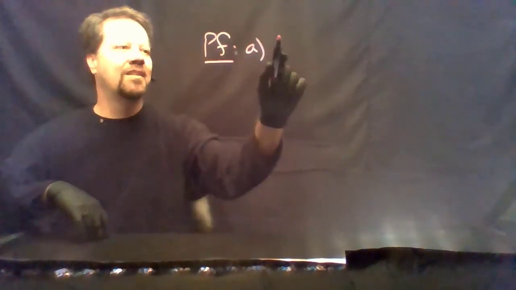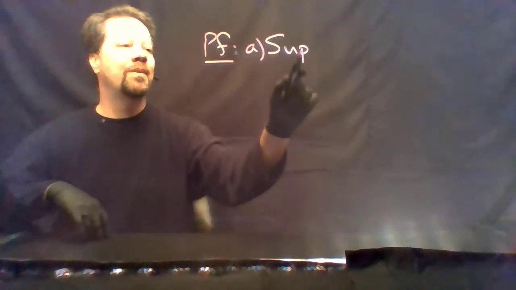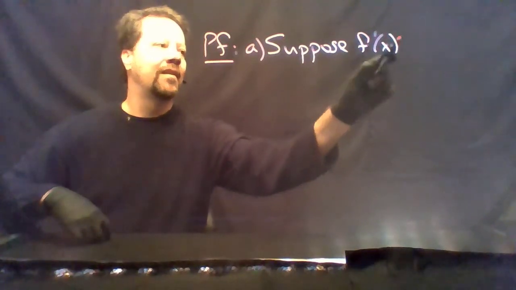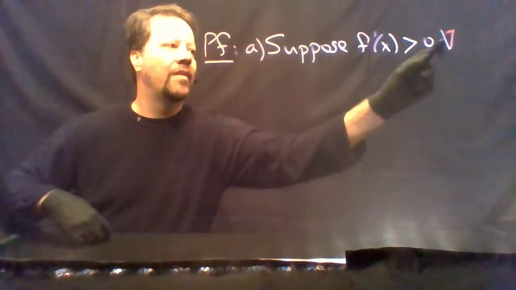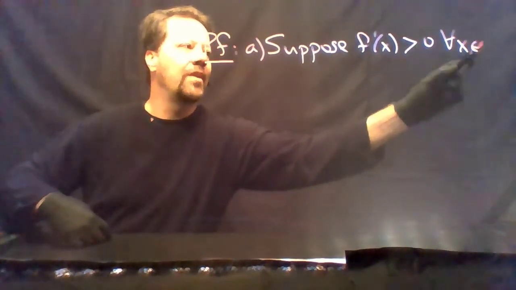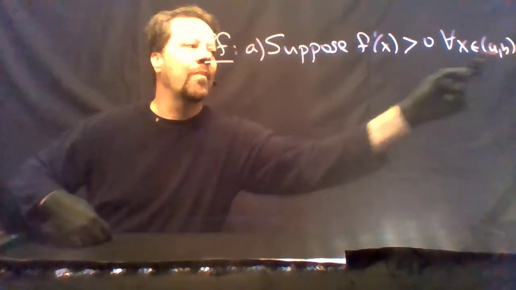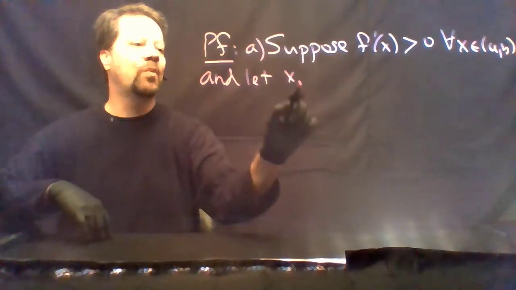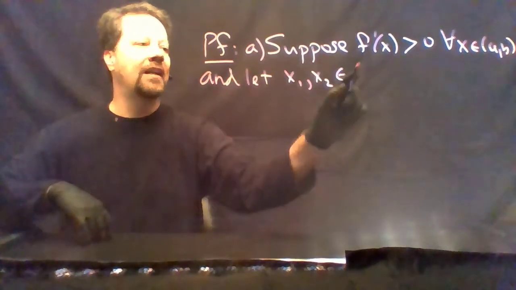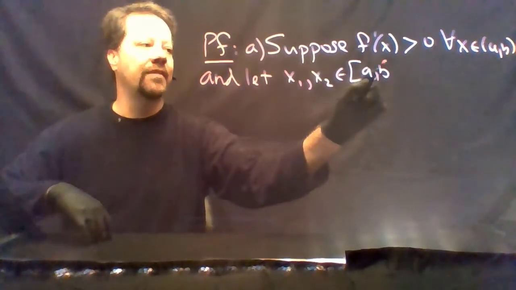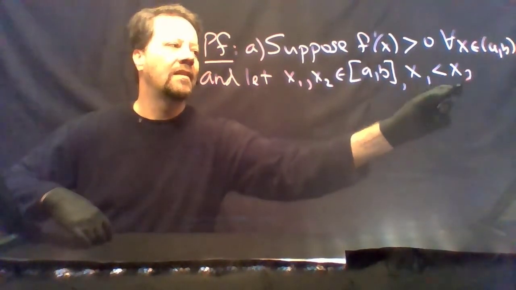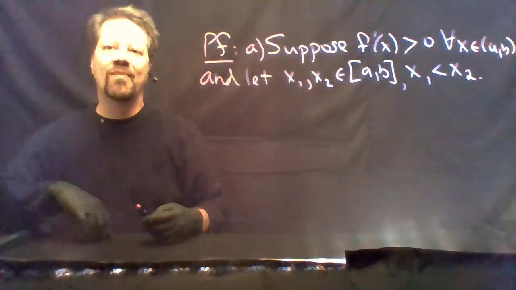On part A, we'll suppose the derivative is positive for all x within the open interval AB, and let x1 and x2 be elements of the closed interval AB, where we're assuming that x1 is strictly less than x2.